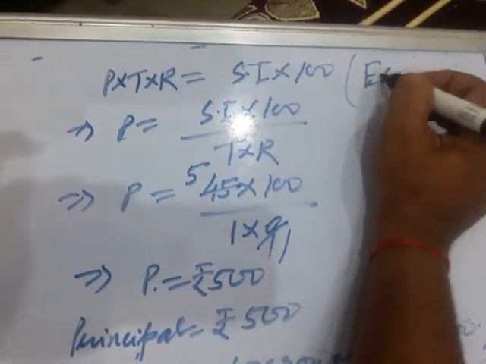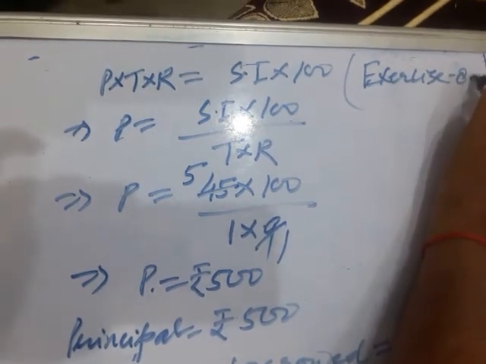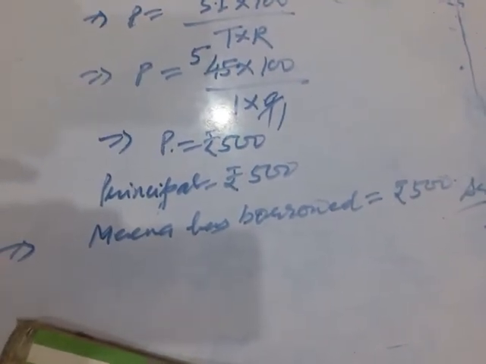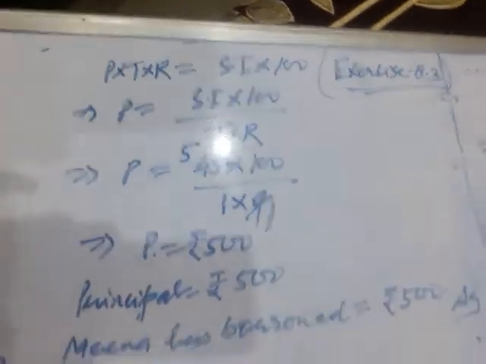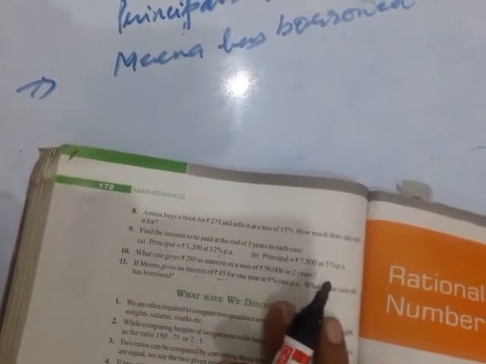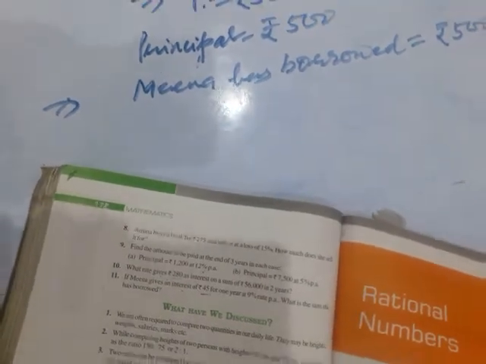Notice that it was exercise 8.3, the last exercise of this chapter, comparing quantities. And question number 11 we have seen: if Meena gives an interest of rupees 45 for 1 year at 9% rate per annum, what is the sum she has borrowed?